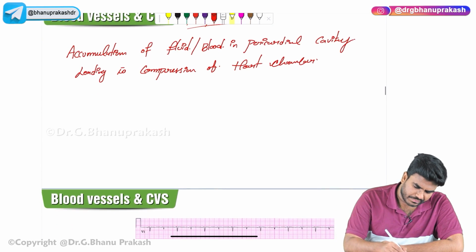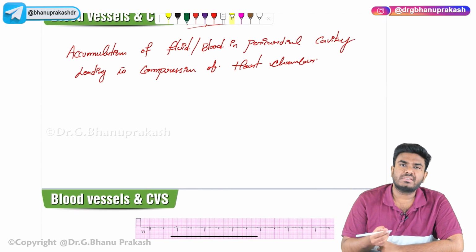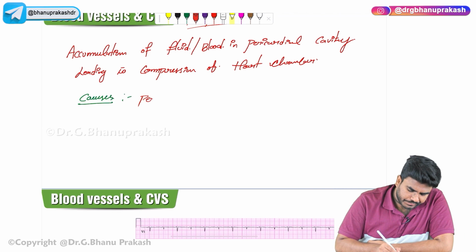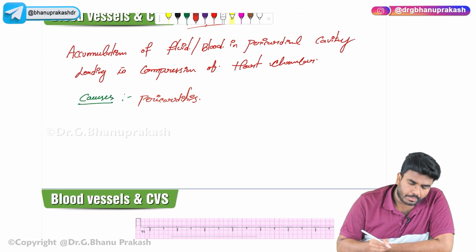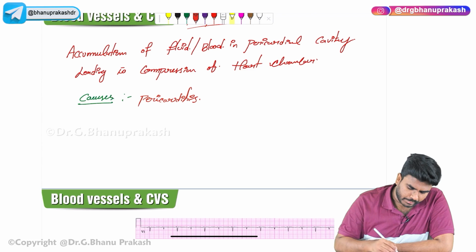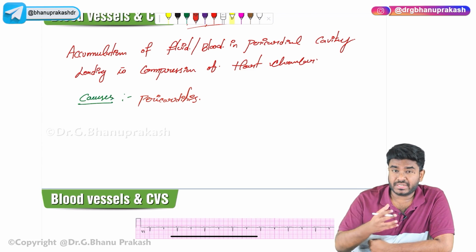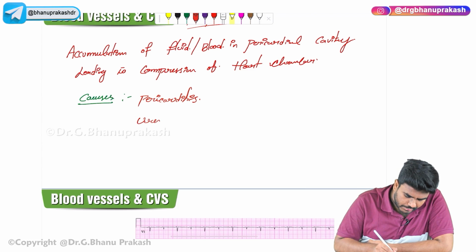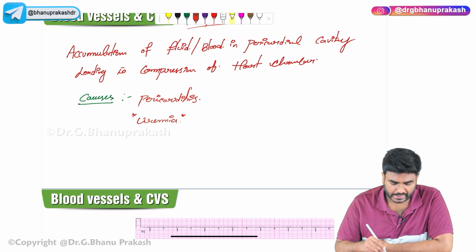Now, what causes can lead to this pericardial tamponade? Pericarditis. Pericarditis can lead to cardiac tamponade, especially serous pericarditis, with accumulation of serous fluid. Uremia can lead to pericarditis, and pericarditis can lead to tamponade.